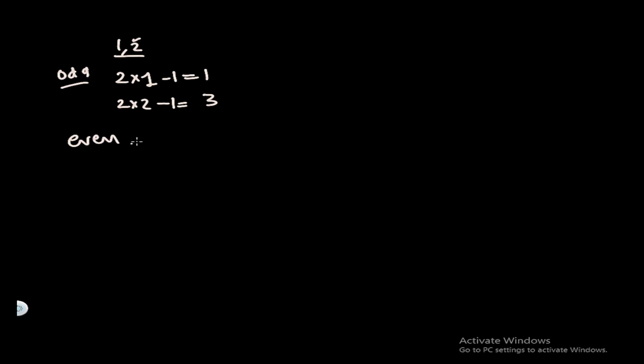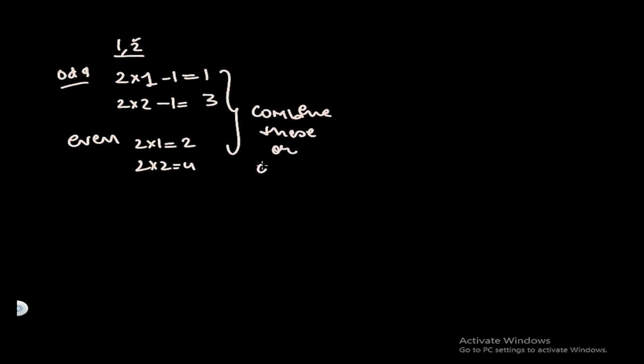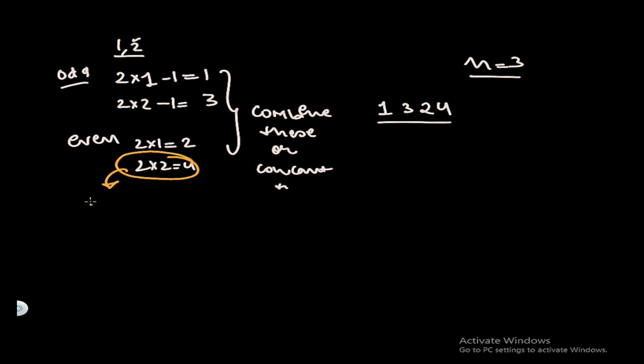For even, 2 times 1 is 2, and 2 times 2 is 4. Now concatenate these, so it becomes 1, 3, 2, 4. This is not the required answer because we needed n equals 3. So whenever you see a term which exceeds n, you drop it. So this is not considered. The answer would be 1, 3, 2.